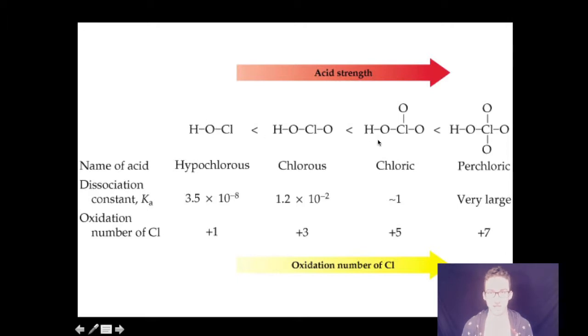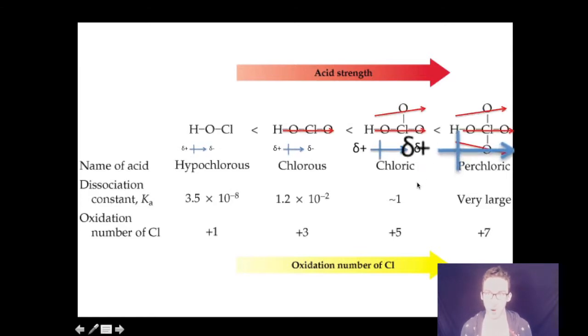Now, as you take a look at the example we've got on your screen here, we've got a series of oxyacids all pertaining to the same group: hypochlorous, chlorous, chloric, perchloric. As you look at each of the subsequent oxyacids, we've got a greater number of oxygens. Because those oxygens are very electronegative, they're pulling the electrons away a little more strongly in the bond where we have the hydrogen ion, making it more and more polar.